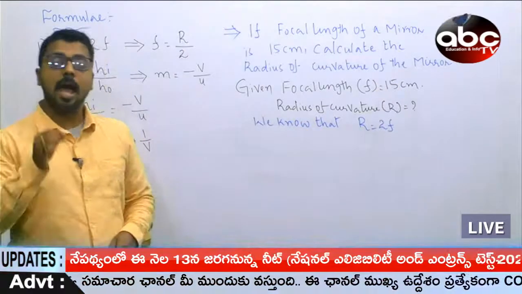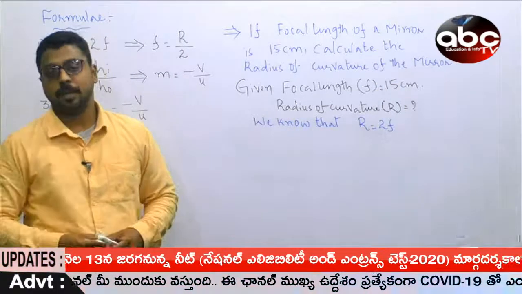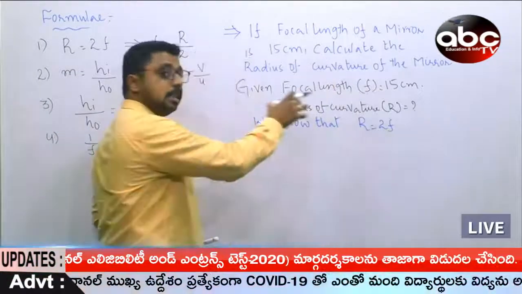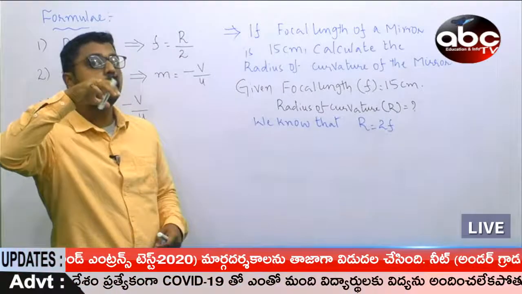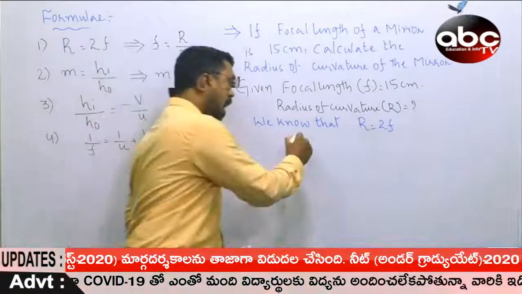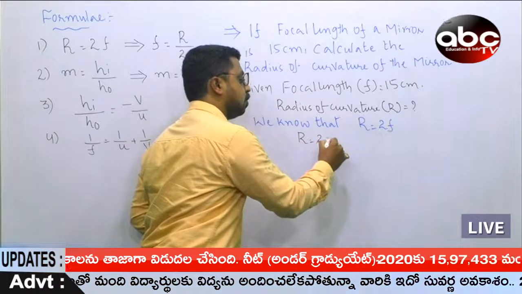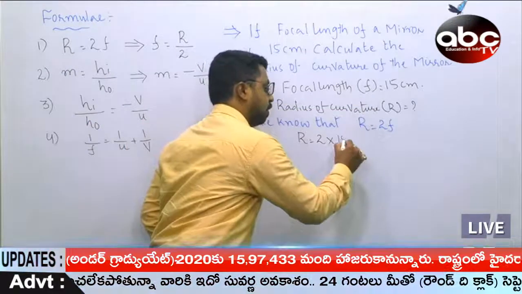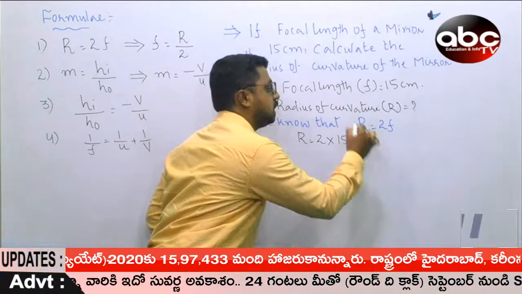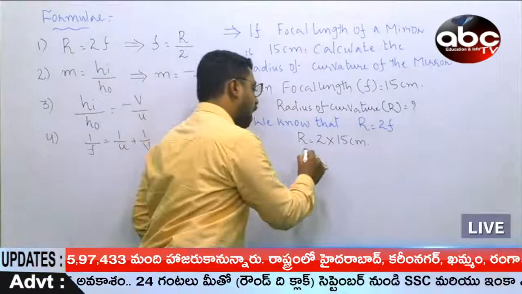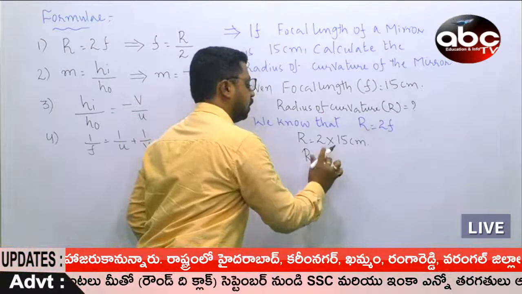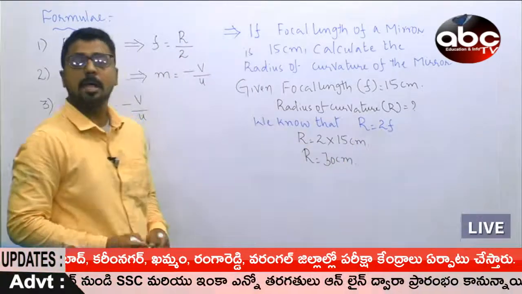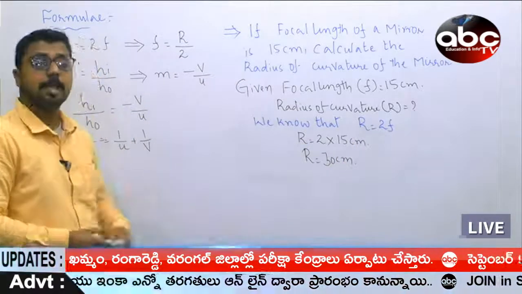Why I am writing this, you will understand yourself. So while coming to the next step, we have to substitute these values in it. Proper substitution is required. r is equal to 2 into what is the f value? It is 15 centimeter. That is, r is equal to 30 centimeter.